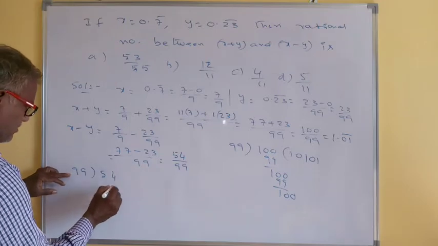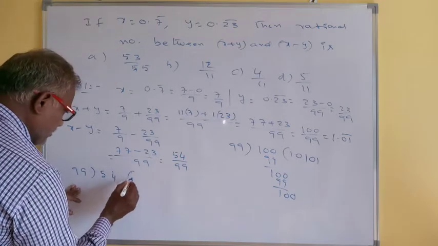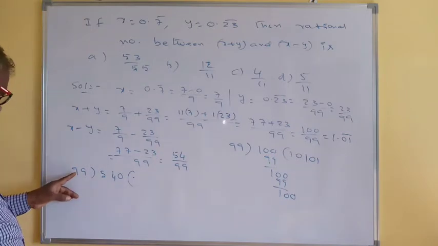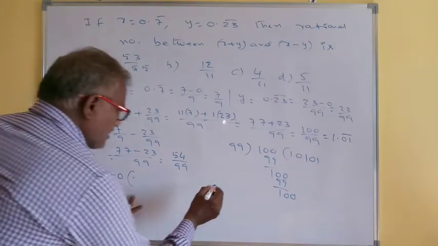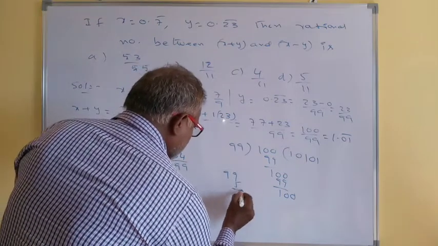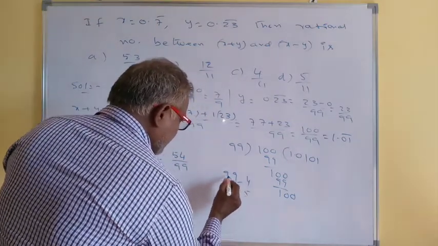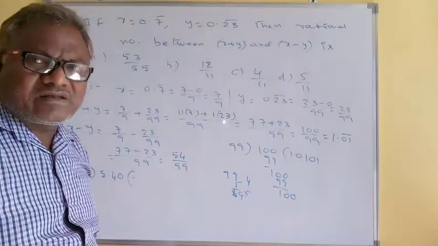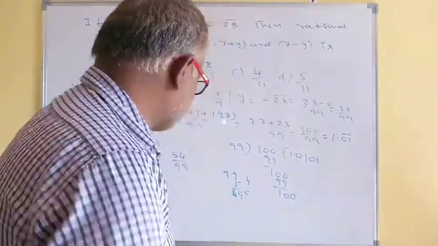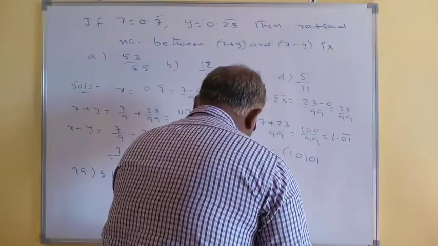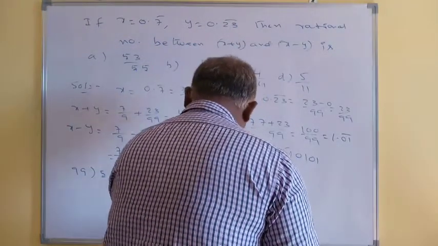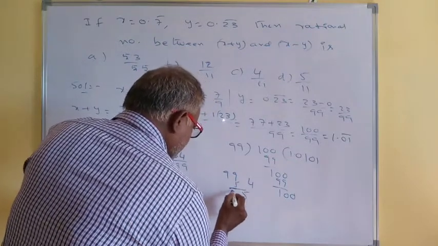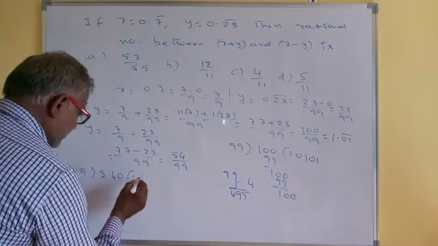99 with 99. Put the decimal, 0. Here, decimal, with 5s. 99 5s. 5 nines are 45. 5 nines are 45, 49. You see 5 nines here. 5 nines are 45. 495.